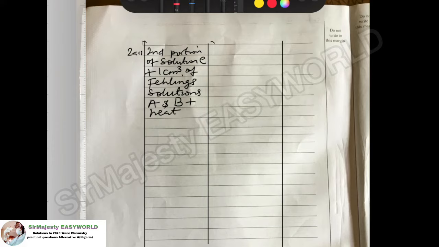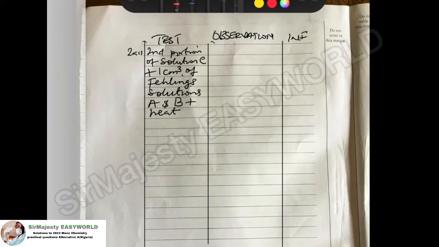If you are continuing, it is also wise to write test here again. It is no problem. Test, observation and then inference.